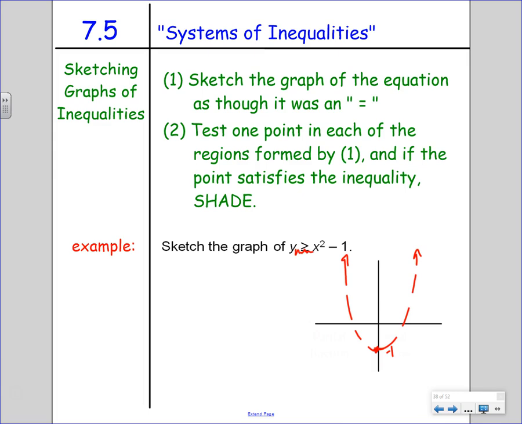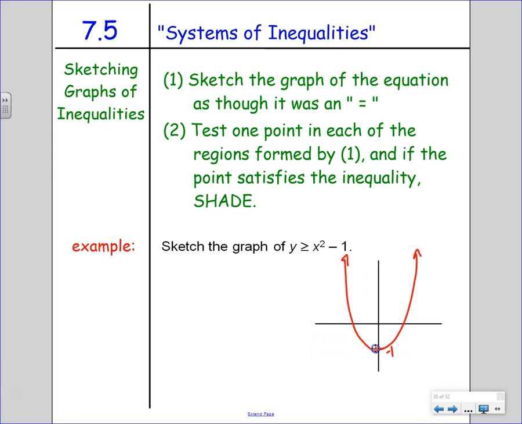But what is it not? Dotted, because what is there? The equal to. We are not done yet because that would just be y equals x squared minus 1, which we technically call the boundary. This is the boundary line.